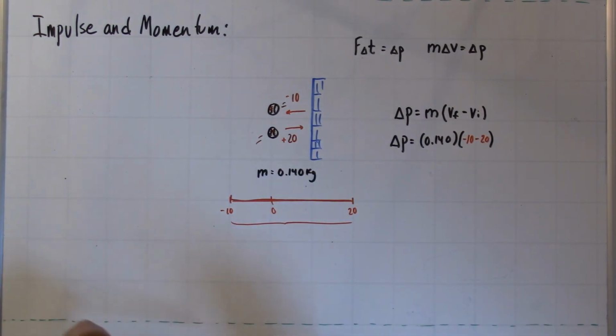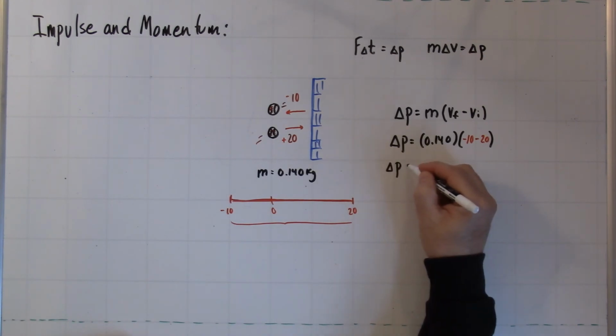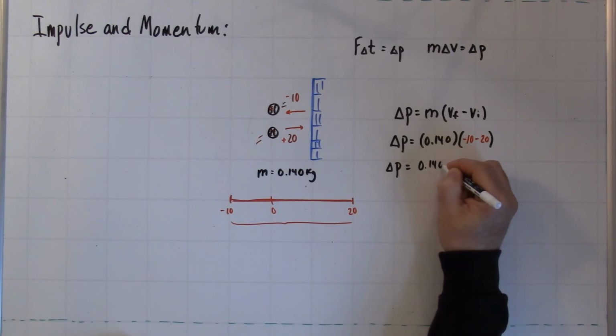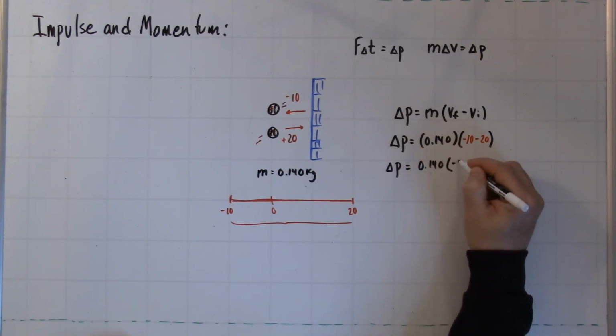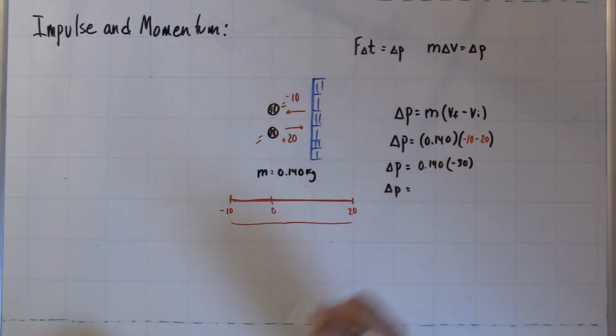So, when we go to put this in, the change in momentum is equal to 0.140 times negative 30, and this is going to give me the change in momentum. I will calculate that for you. Hold on.